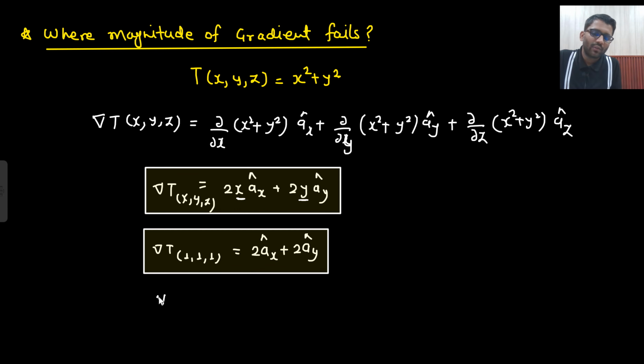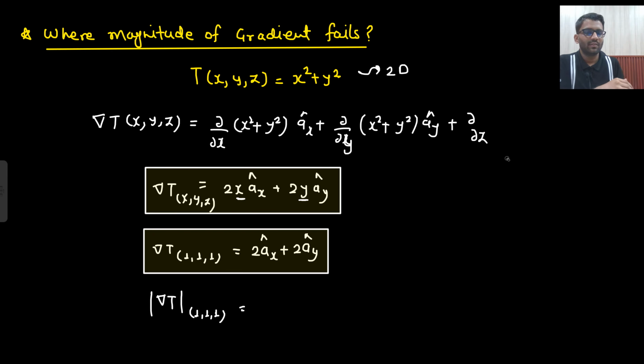What will be the magnitude of the gradient at 1, 1, 1? Let's take it in 2D, it would be easier to understand. Let's forget about the z component. It could be in 2D as well as in 3D.